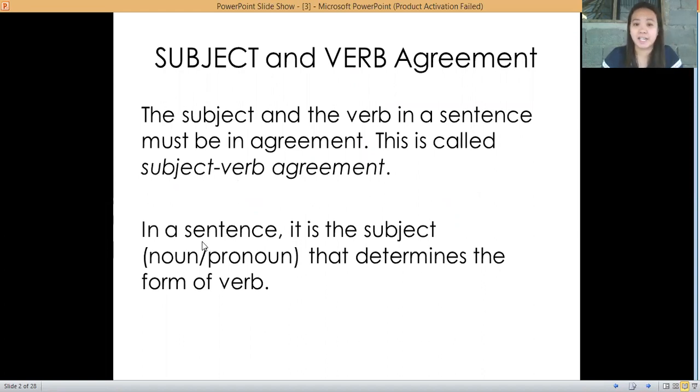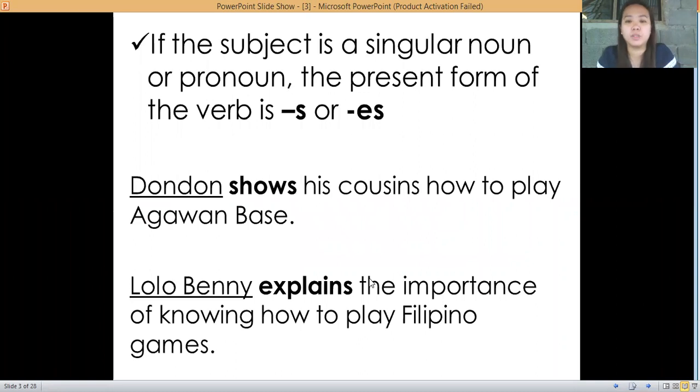In a sentence, it is the subject, the noun, and the pronoun that determines the form of verb. So it depends upon the subject what form of verb we are going to use. So we have here some rules in forming the verbs that we're gonna use with our subject.